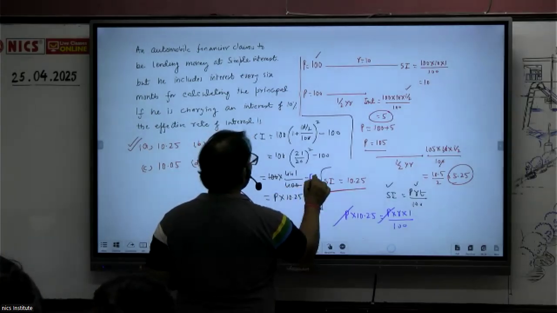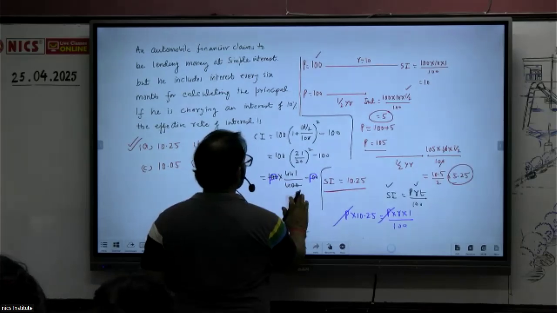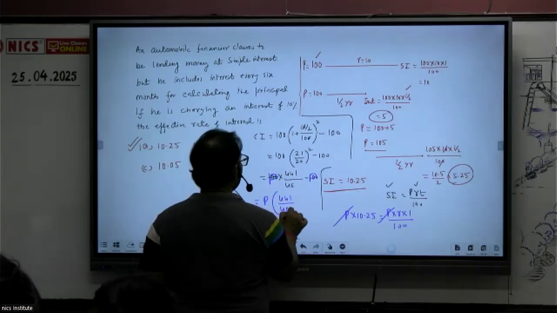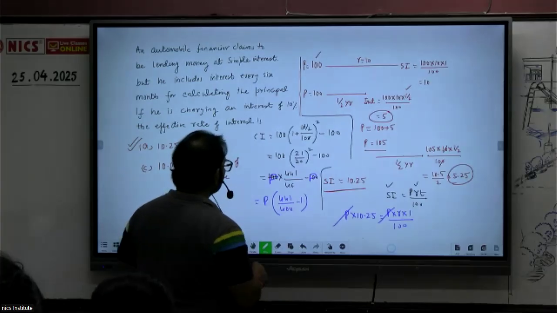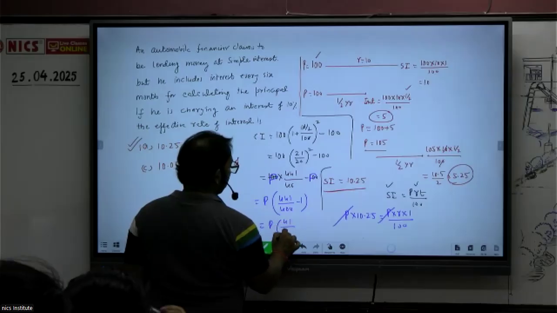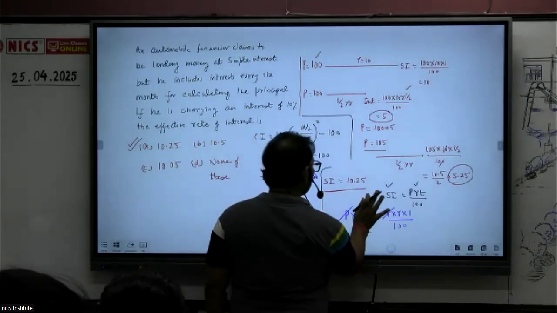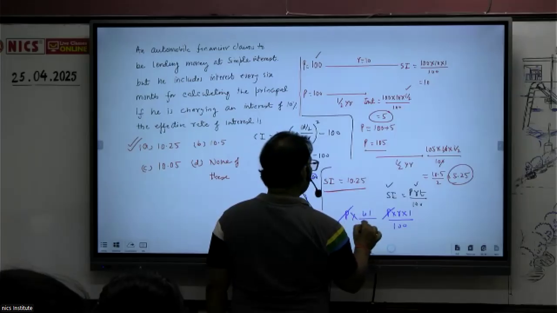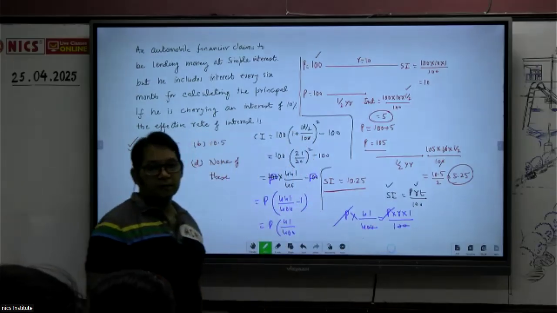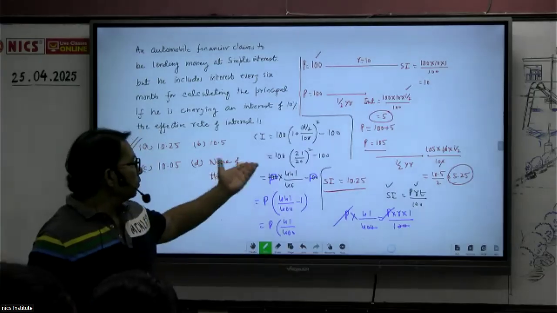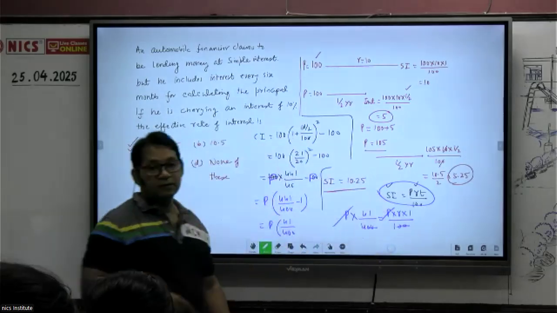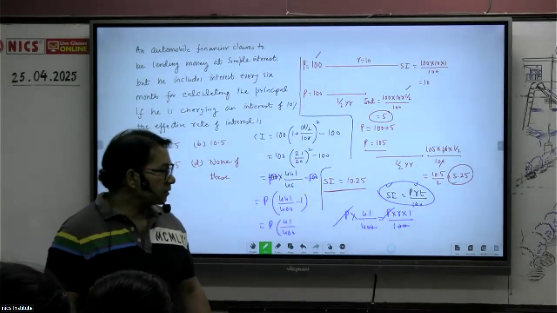If I take this as P, this also as P, then this would be P, 41 by 400 minus 1, right? So this would be P into 41 by 400, right? So this won't be 10.25. It will be 41 by 400. So this goes, you get 10.25. So even if you take P as principal, you get your answer. But in that case, you have to use this formula. Better you take 100. Whatever amount comes, that'll become the simple interest, rate of interest.